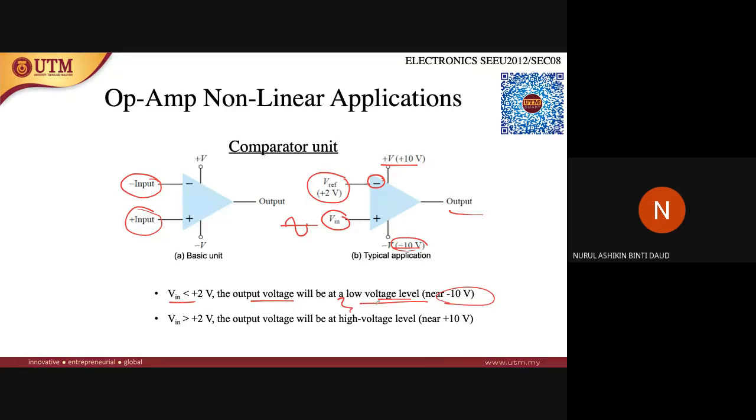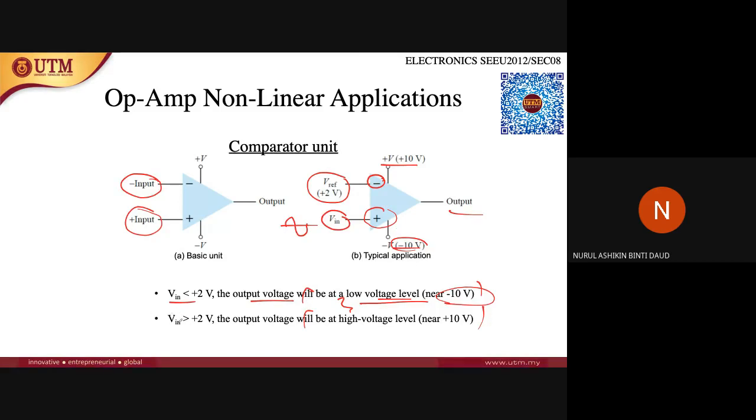If you want to decide this, you need to look at the configuration of where the input signal is, whether at the inverting or non-inverting input, because the value will be different. Later on we will look at it.